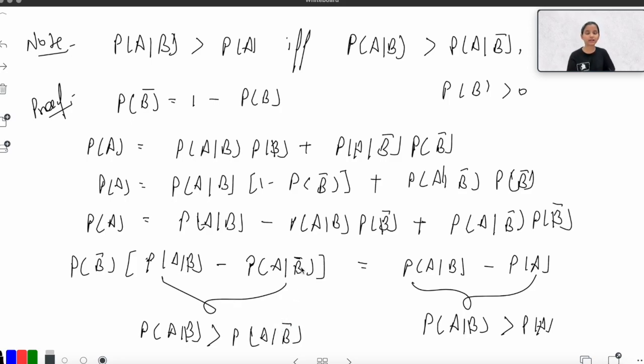That is the mathematical condition in which your posterior probability is greater than the unconditional, prior probability. So this is the Bayes theorem for two events.